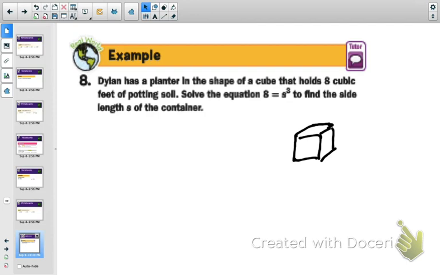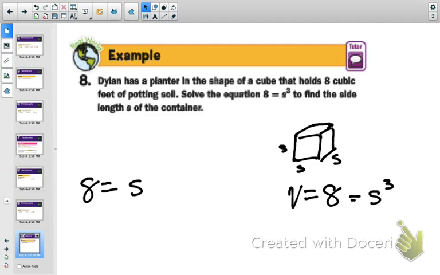Solve the equation 8 equals s to the third. The volume of a cube, if you remember, is side times side times side. So volume equals side cubed, and then we're going to solve that. So 8 equals s to the third.